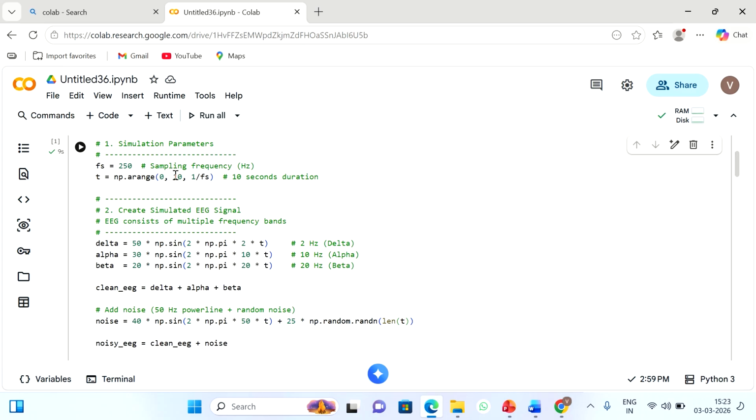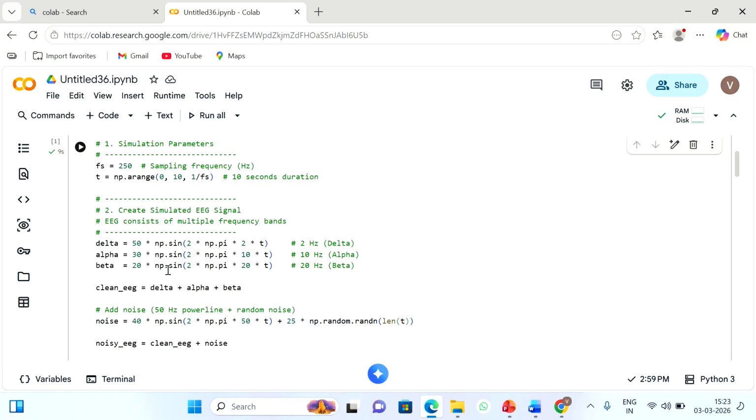That is the interval between the first value and second value, so in between two values what will be the difference? It will be decided by 10 by Fs, 10 by 250, that is 1 by 25. So 1 by 25 means 0.04. So 0, 0.04, 0.08, 0.12. In that manner it will be ending at 10.